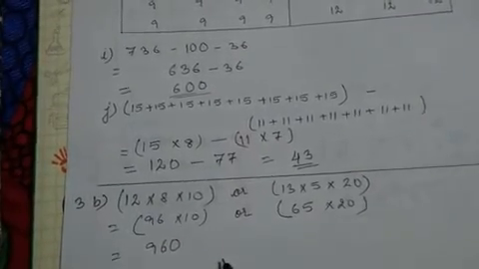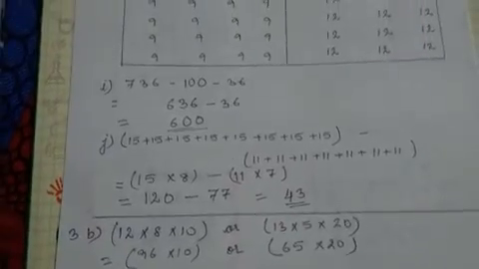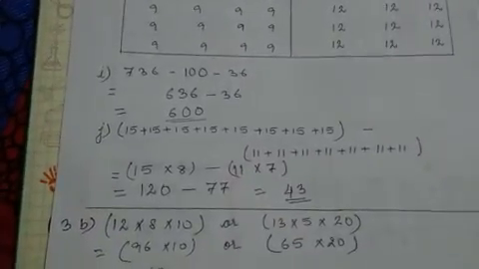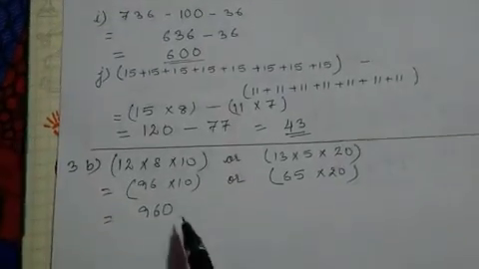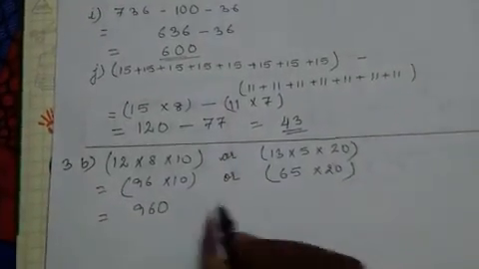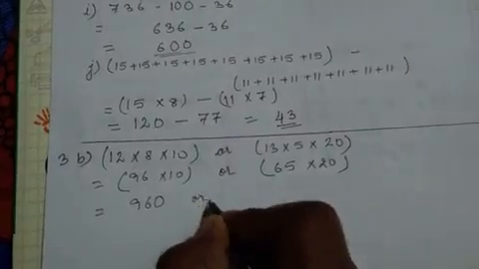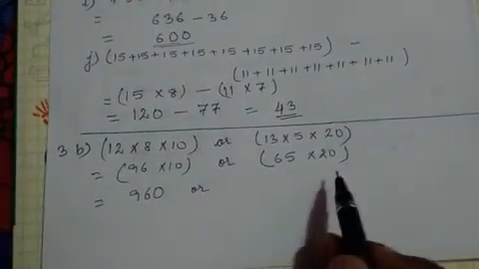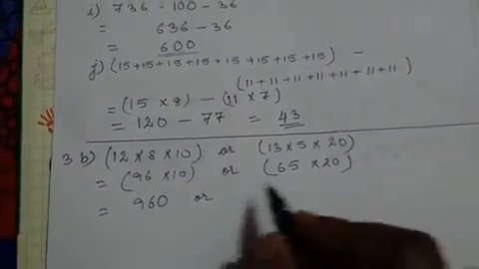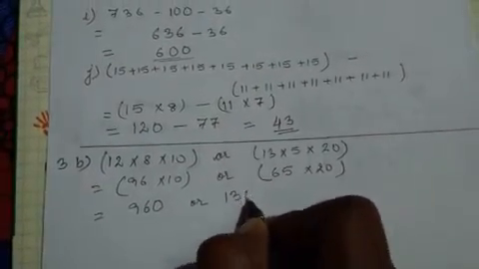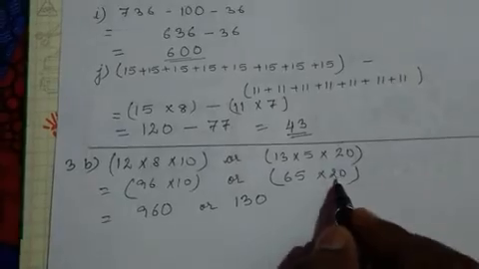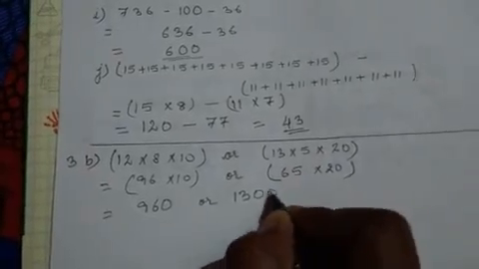Okay. So which one is bigger? I think that is our question. 3b says which is smaller. Okay. Which one is smaller? So 960 or 65 into 20. If you calculate with me, this will be 65 into 2, and this 0 you have to copy down.